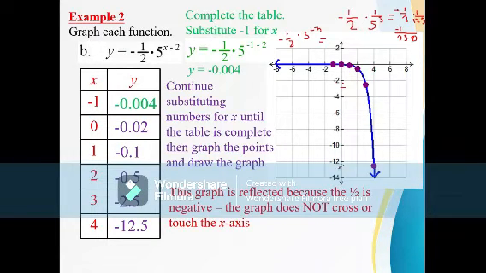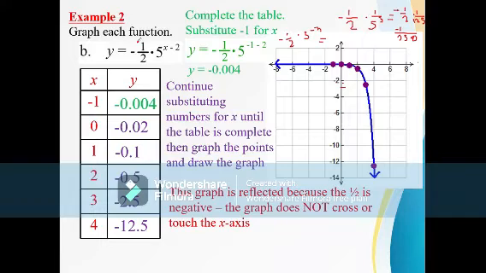So that's here. After plotting all the points, we need to connect the points and draw a smooth curve. Remember, it should not touch the x-axis. And then we need to place arrows on both sides. So this graph is reflected because 1/2 is negative.